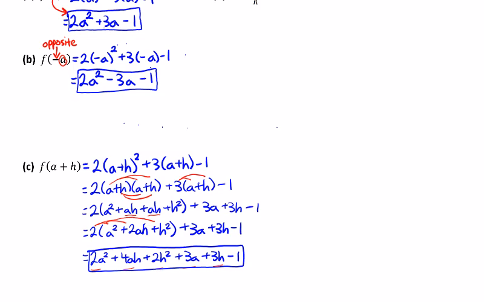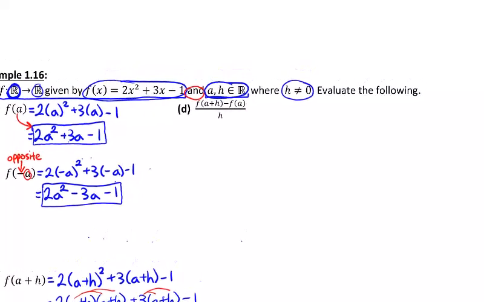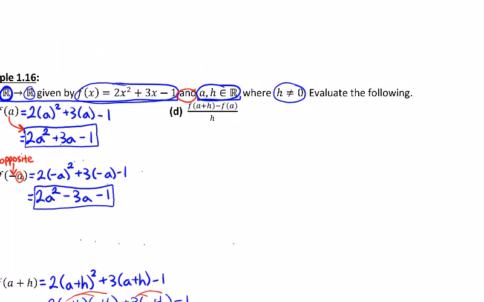Now I want to take in part D some of the results that we just came up with, and I want to put it into an expression that I've created for us to practice with some of the algebraic simplification. So for part D, I have f of a plus h minus f of a all divided by h.